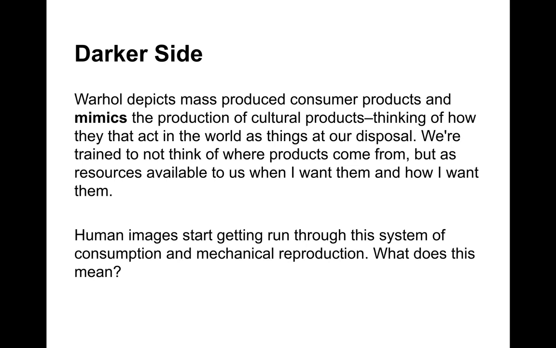So he starts to use images of humans now, whereas before he was, as we've talked about, using products like Coca-Cola or Brillo boxes. And so here he's starting to shift into putting images of humans through this.